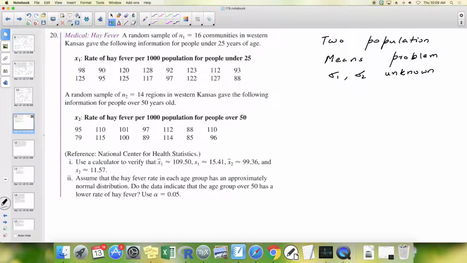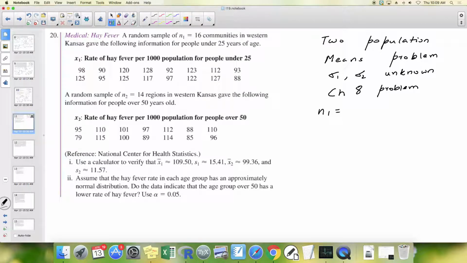Alright. Is it a chapter 8 problem or a chapter 7 problem? So read the last line and find out that it's a chapter 8 problem. Okay, so let's get started.